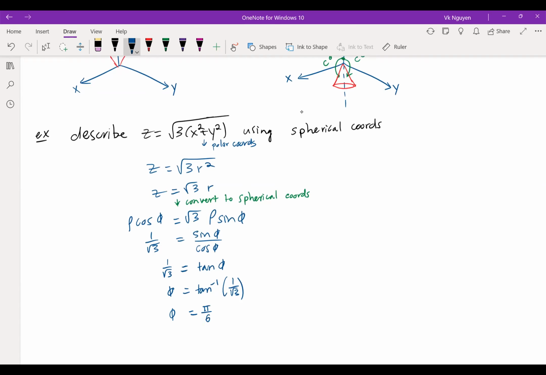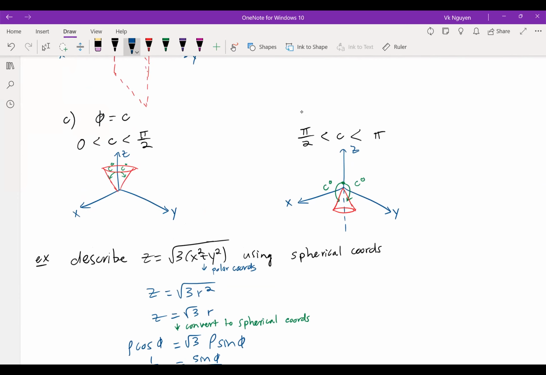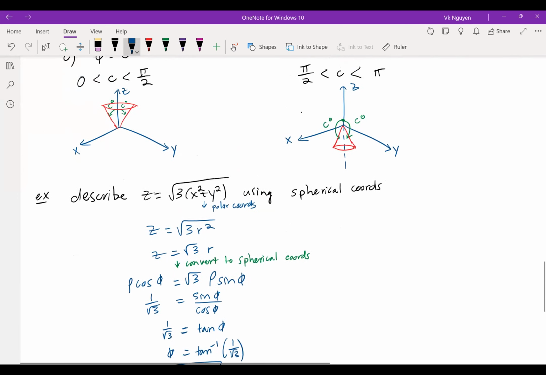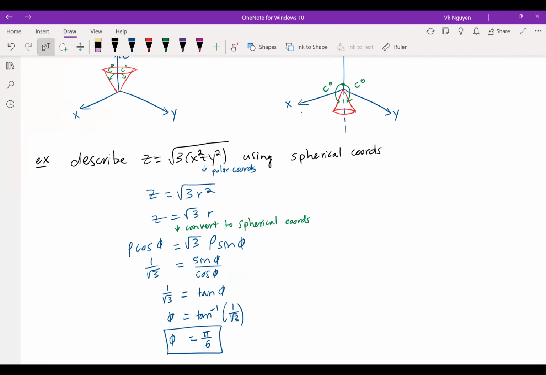Oh, look at this thing here. It's just like what we have right here, right? So when phi is equal to an angle, and if that angle is between 0 and pi over 2, not equal to them, then we're going to get a cone. This is exactly a cone here. Z is equal to root 3 times x squared plus y squared. That is the cone.